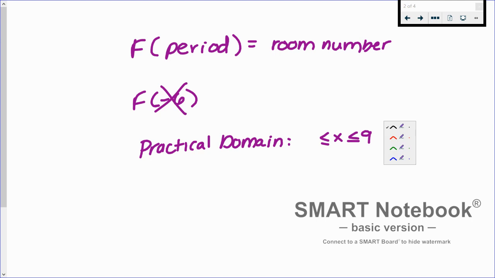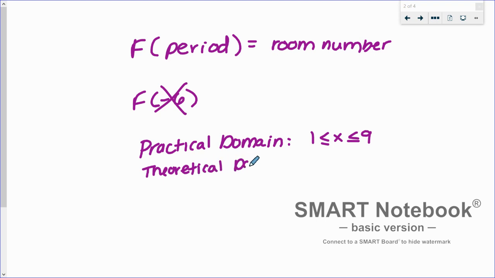Anything after 9, we don't have a 10th, 20th, 200th period. Anything below 1, like -6, we don't have a negative period. So the practical domain would be only the values that make sense. The theoretical domain, since I'm not breaking any math rules with this function, would be all real numbers, because theoretically you could put any number in here. It's just practically speaking, it would only make sense to go from 1 to 9.